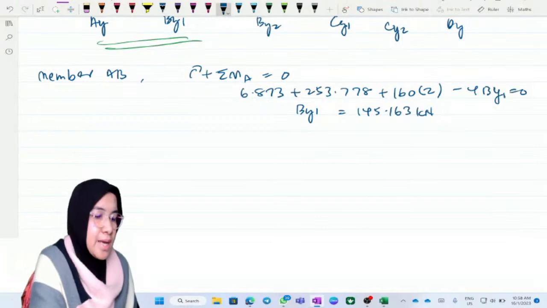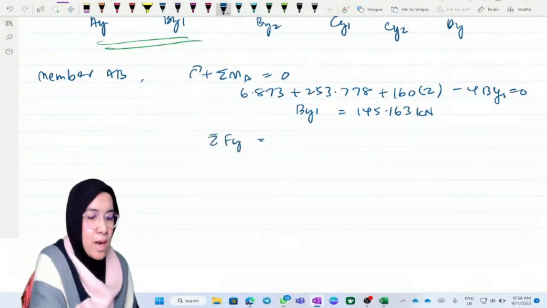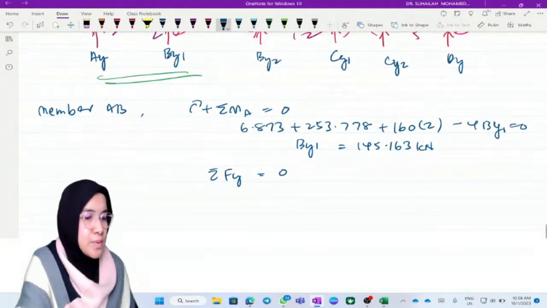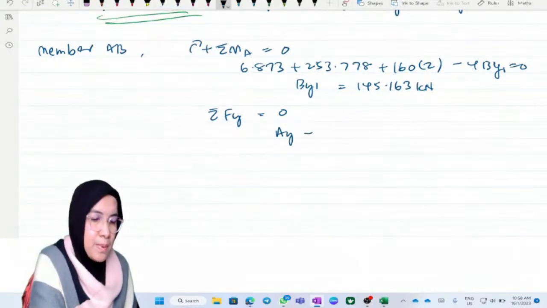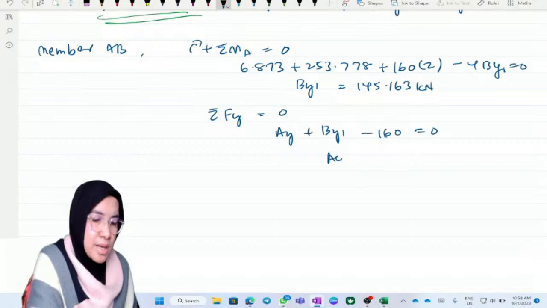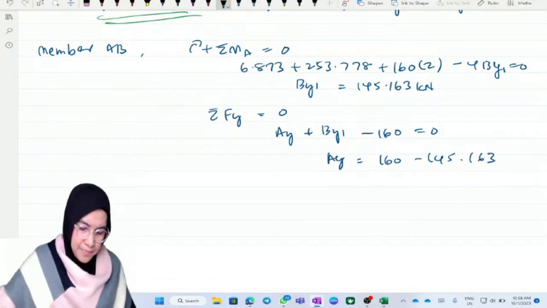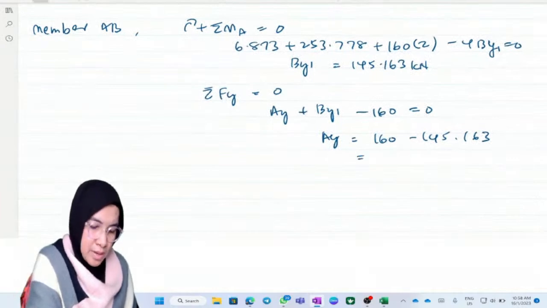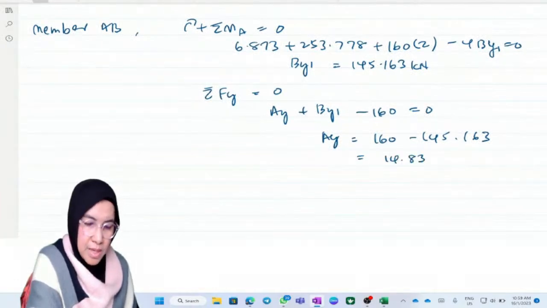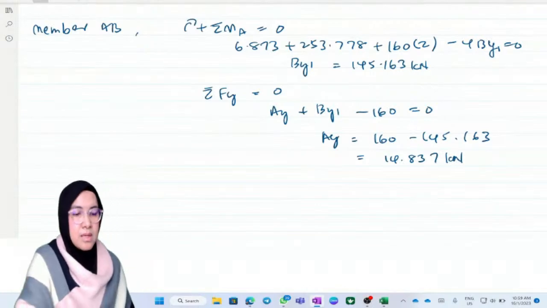Then we apply total Fy equal to 0, so we can get the AY value. AY plus BY1 minus 160 equals 0. So AY equals 160 minus 145.163, and we get 14.837 kilonewton.